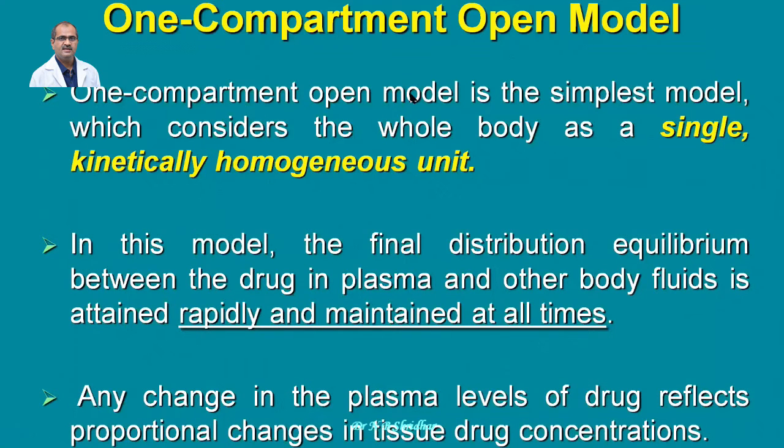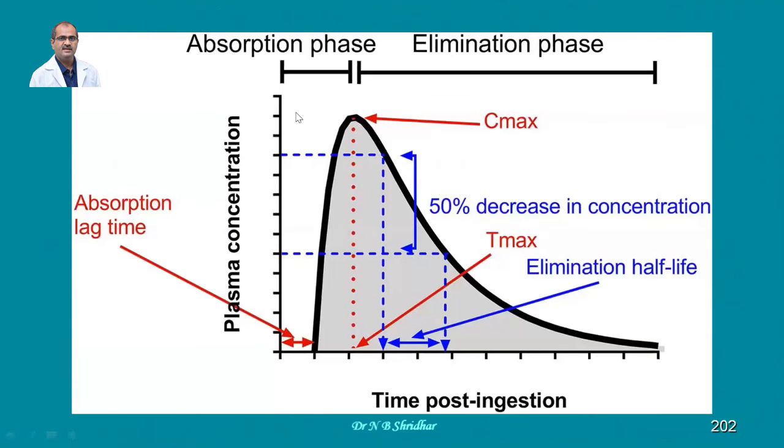Usually this is the chart in which we can see the absorption phase and elimination phase. If you remember this chart, you can remember many of the terminologies, like the absorption lag time. Whenever you administer the drug to an animal or a human being or a dog, it will not start absorbing immediately because it comes in contact with food.